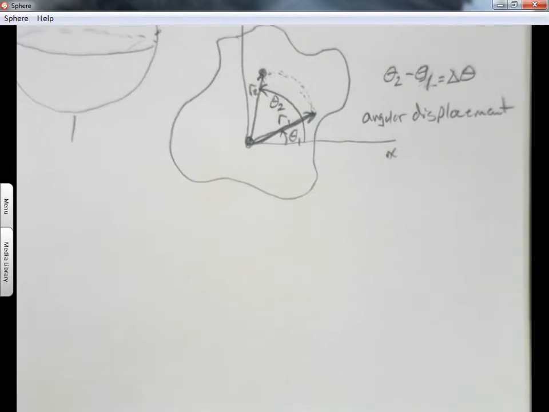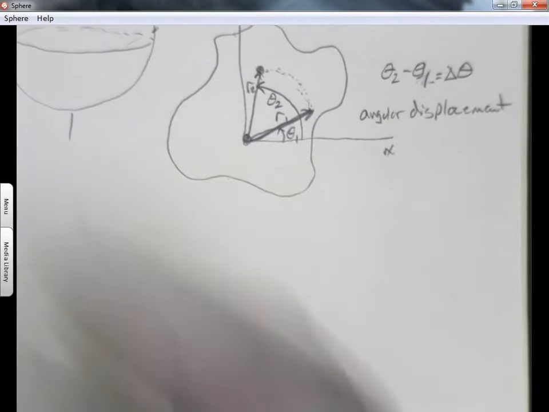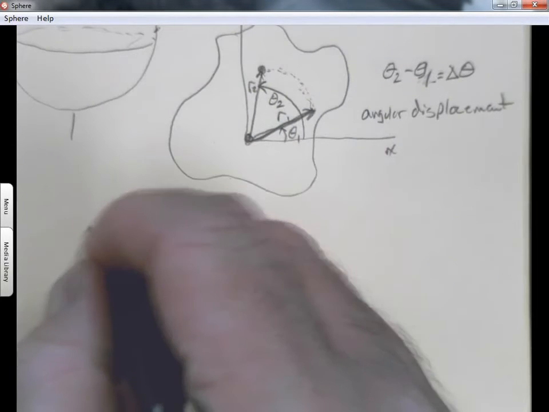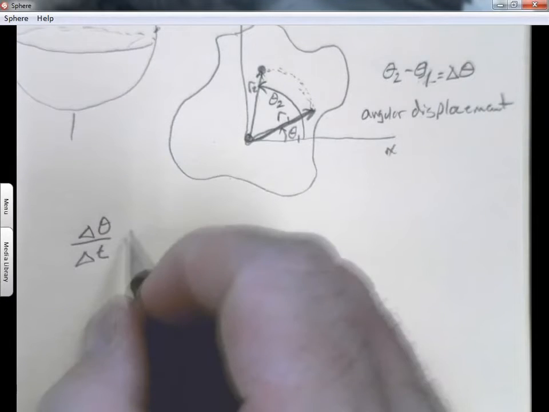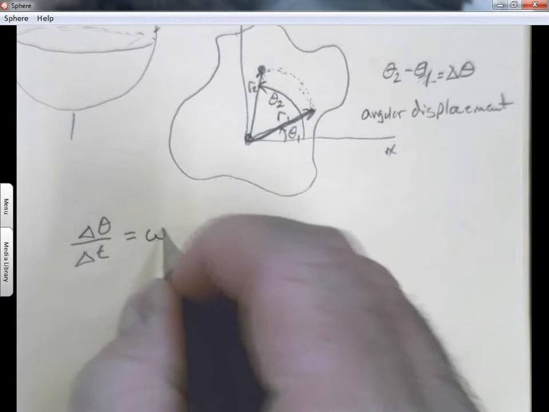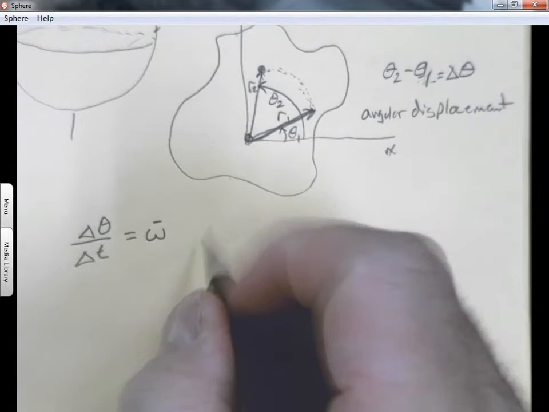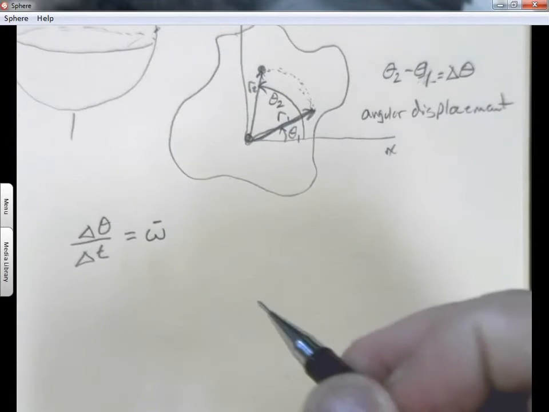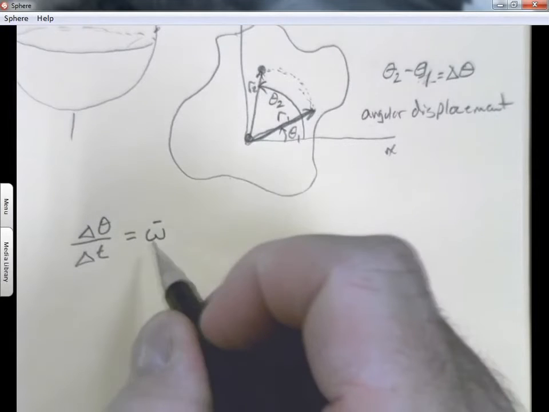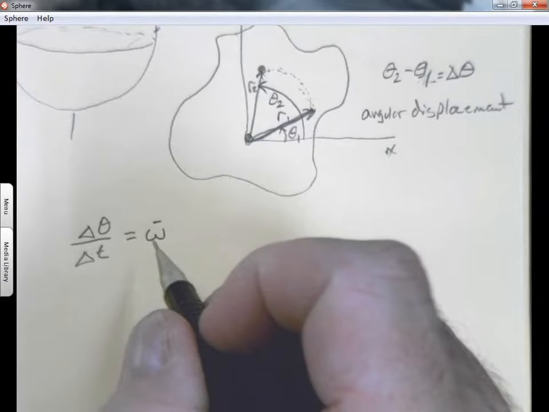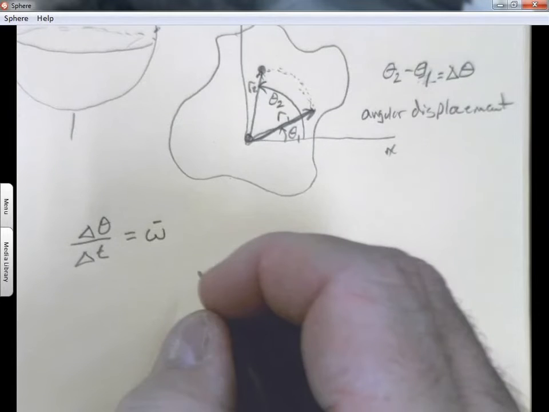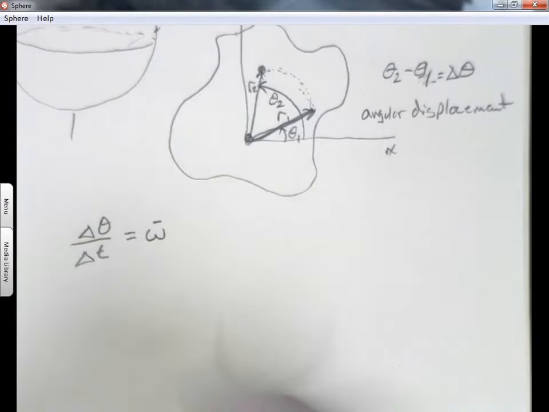And this, of course, can occur with a change in time, and so that would give us a delta theta over delta t, which will give us our average angular velocity, and this is called omega. Yes, it kind of looks like a W with rounded corners.